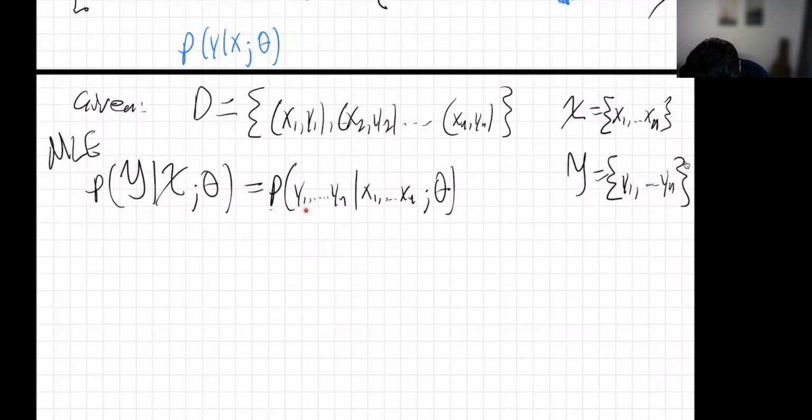Joint distributions are a pain. All of those y's together, all of those x's together. We can simplify things here by taking into account how the data was generated. So we're assuming IID data.